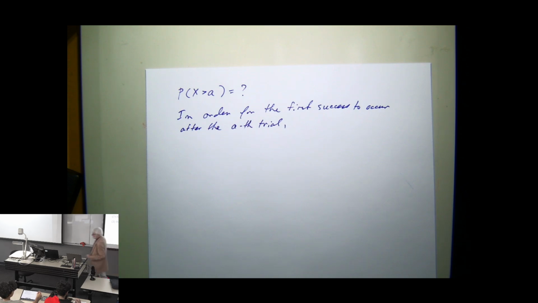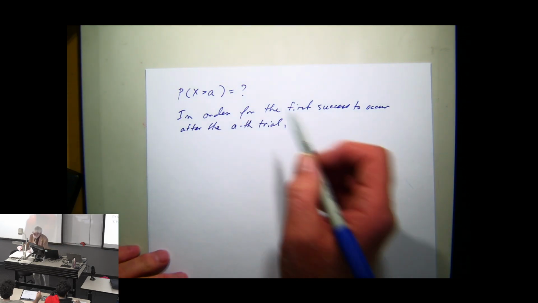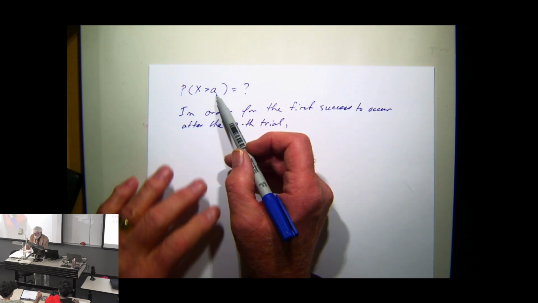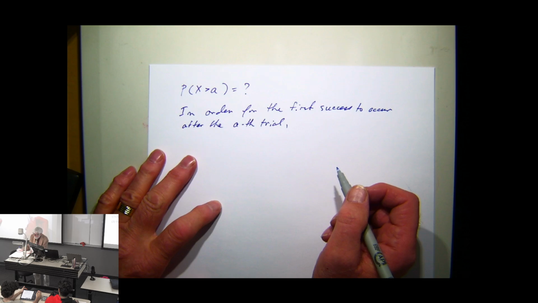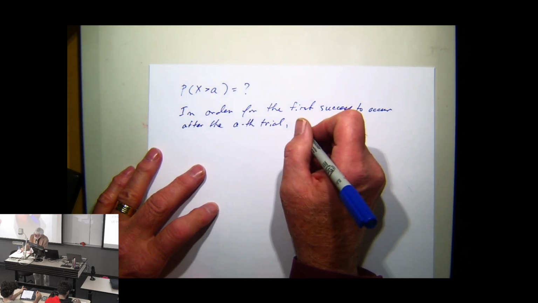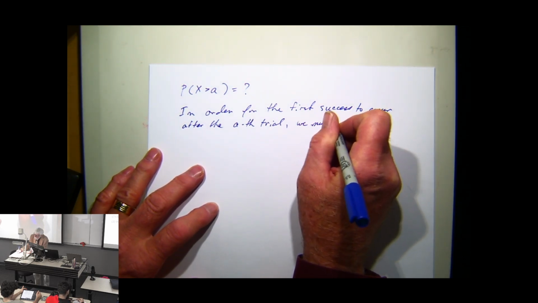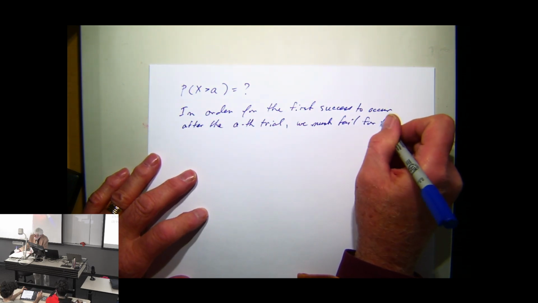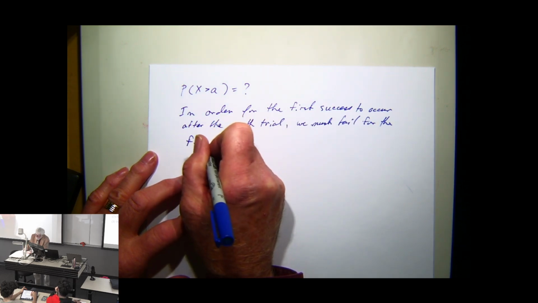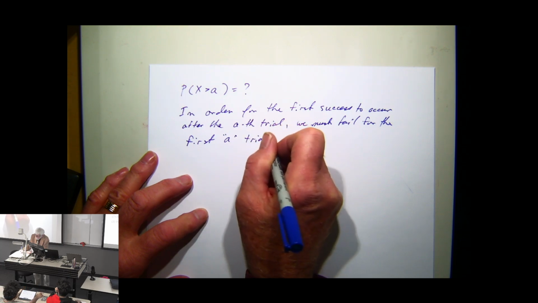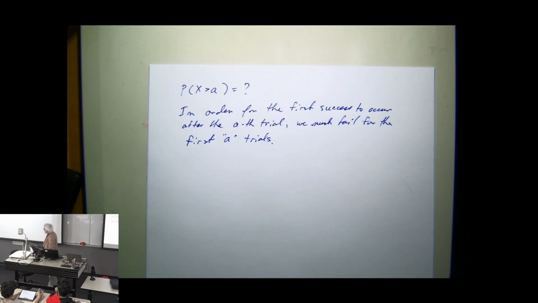So, the probability x is greater than or equal to a simply means that for the first 8 trials, we must fail for the first 8 trials. I'll mark it that way just so we don't read it as a word.